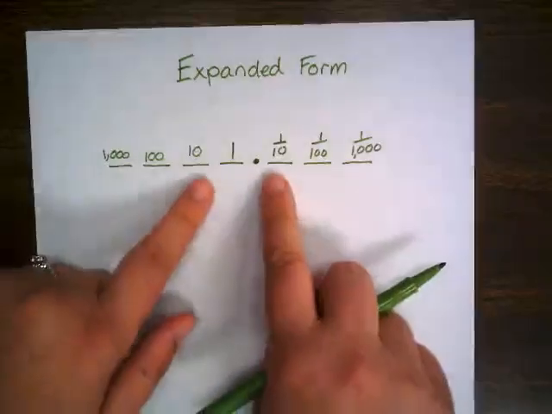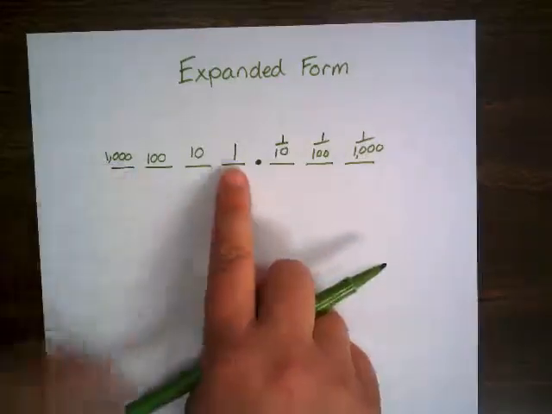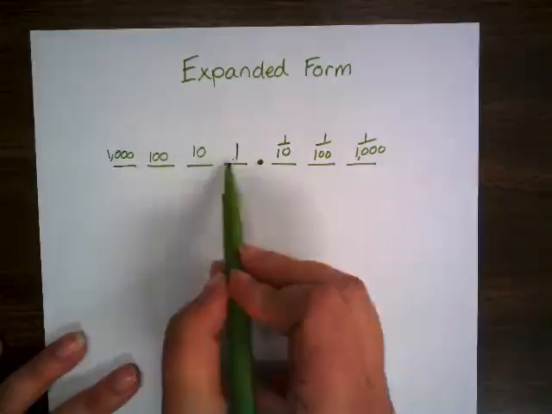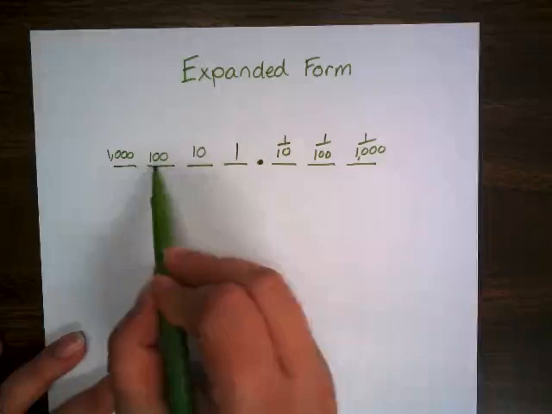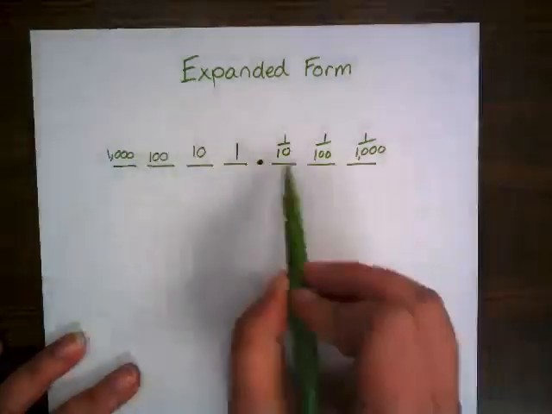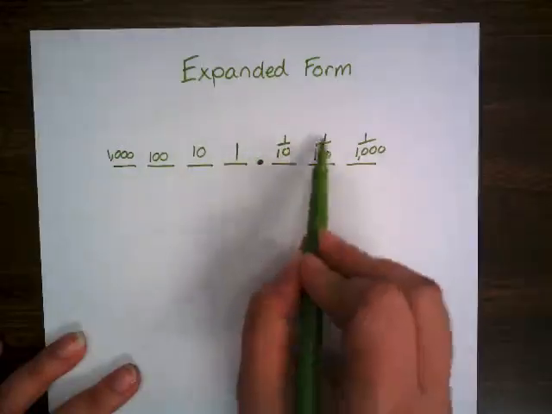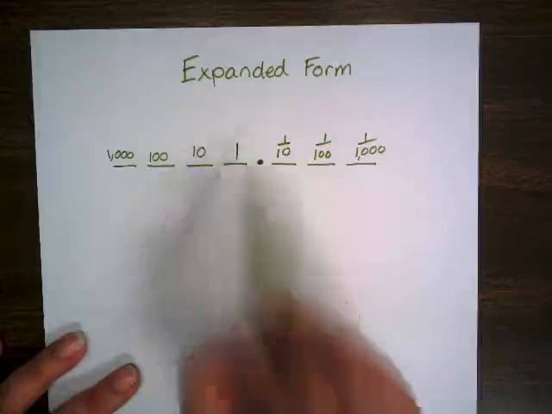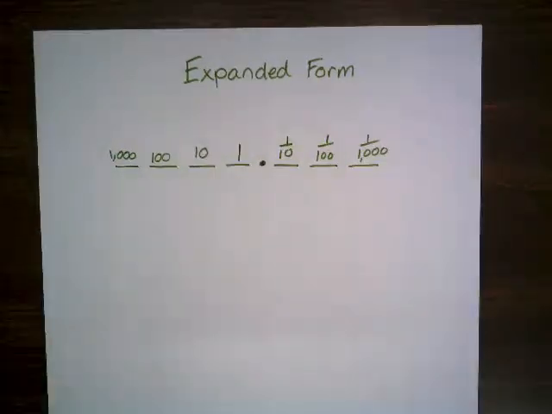So basically they're all getting their values because they're being compared to the ones place right here. This value is 10 times larger, this value is 100 times larger, this value is 1,000 times larger. This is 1/10th the size, this is 1/100th the size, this is 1/1000th the size of the numbers.